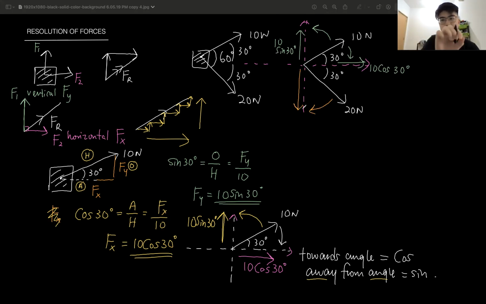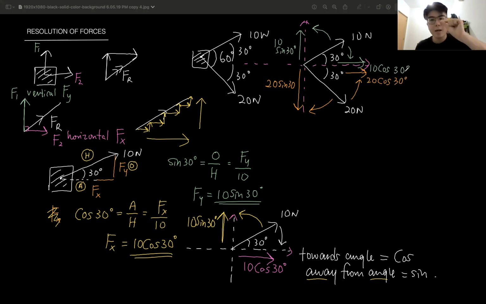I bring it to the vertical, but it's pointing downward, right? This movement, I'm moving away from my angle 30. So 20 sine 30. And then another one, I bring it here. So this is 20 cos 30.